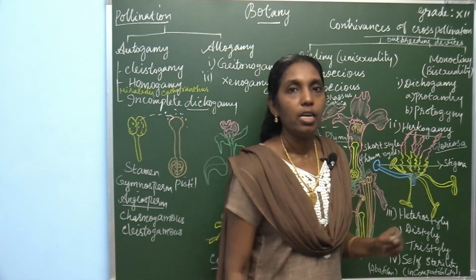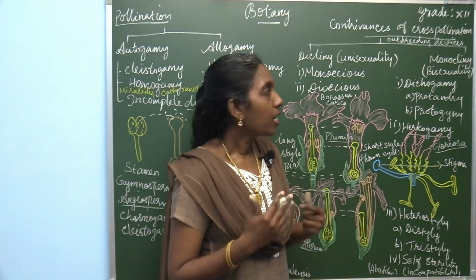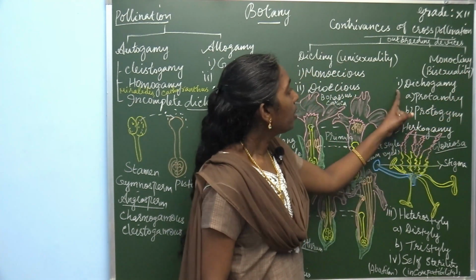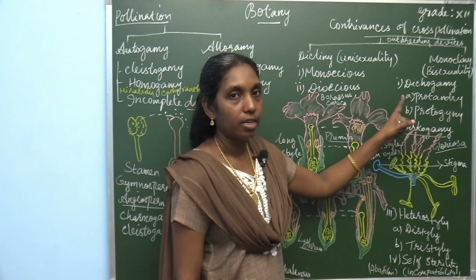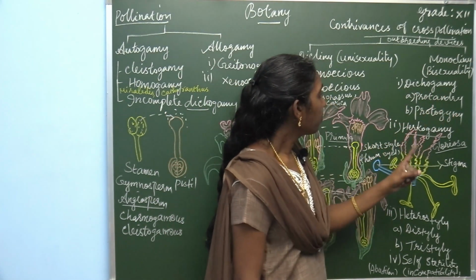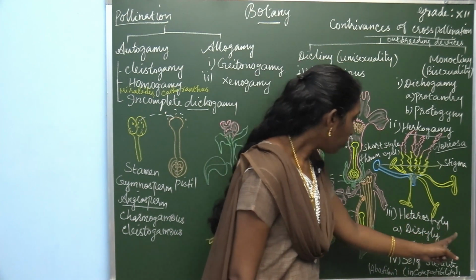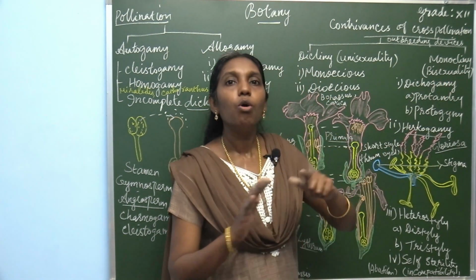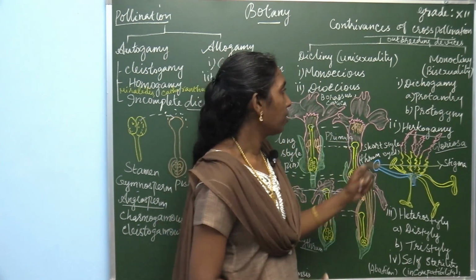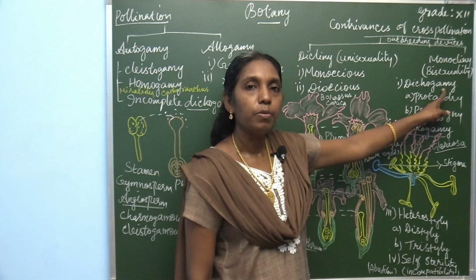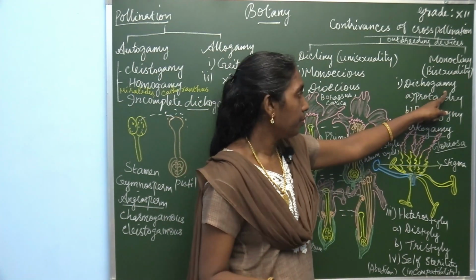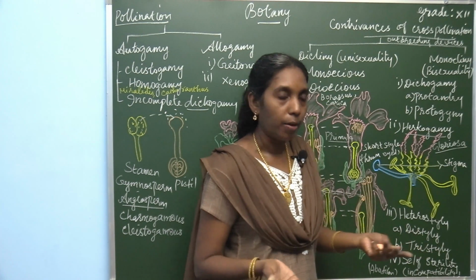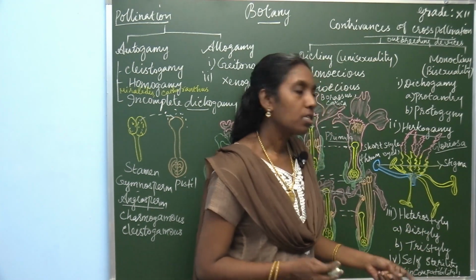Now, monocliny, or bisexuality, with bisexual flowers. Here there are four different types observed: dichogamy, hercogamy, heterostyly, and self-sterility.